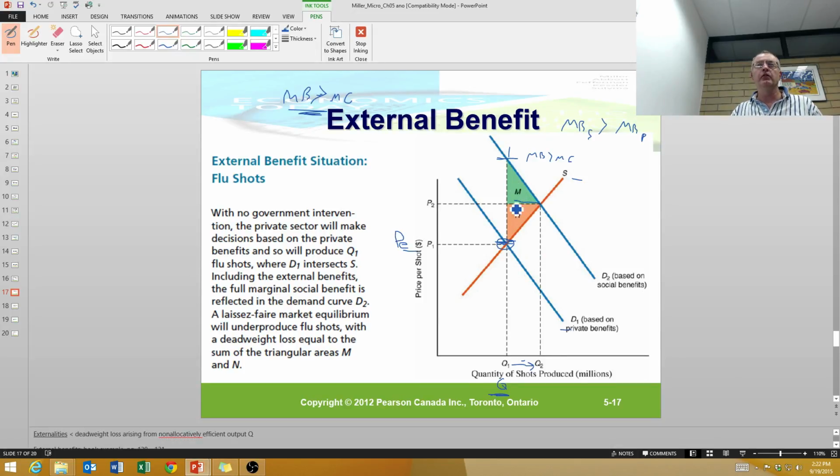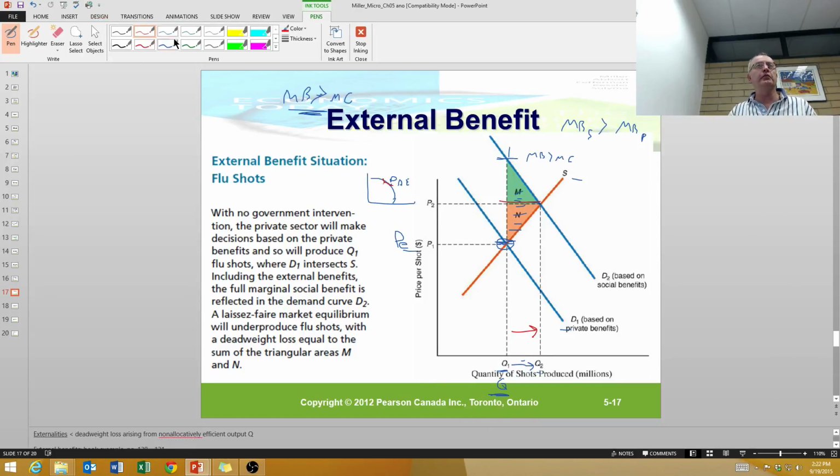So here, if our level of production is only Q1 rather than Q2, we have this deadweight loss. And we know that if we have deadweight loss, we are not at our point of allocative efficiency on the production possibilities curve. We're someplace else. And so society wants more of that product, and this is again justification for the government to intervene in the market, maybe by subsidizing the cost that consumers pay for this product, so they can consume more.